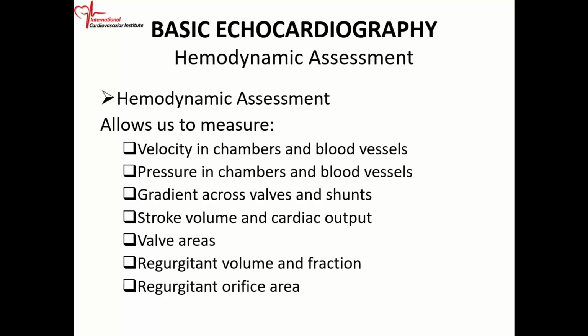And if you're going to have flow in one direction, then you need a gradient. You need a pressure difference because the fluid is going to flow from the highest pressure to the lower pressure. And that's the basic concept of pressure gradient.